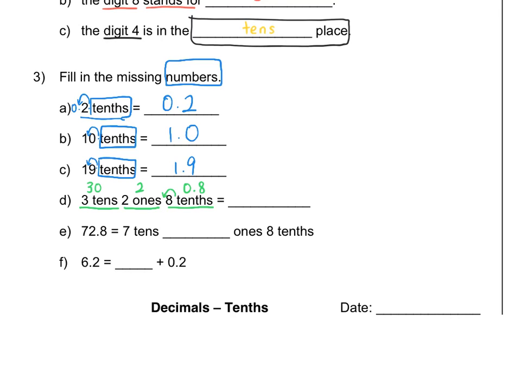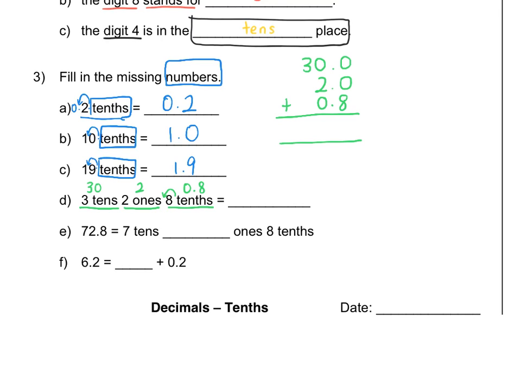So if we were to do the addition as a working, 30 plus 2 plus 0.8. Make sure you write the algorithm, the working, in the correct place value. You add together. So this is 30.0 actually, 2.0.